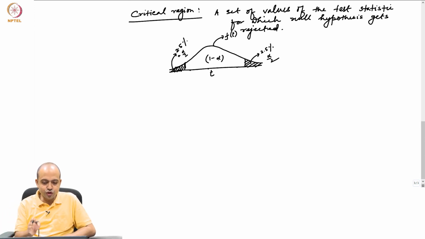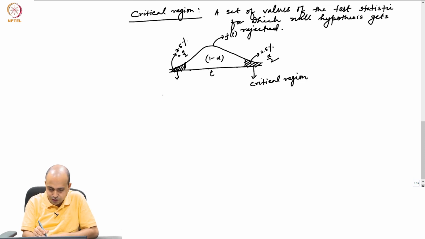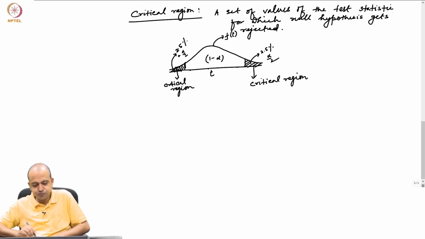So, a set of values of T for which the null hypothesis gets rejected is called critical region, and these two are actually the critical region. Now, why does the critical region lie on both sides of the distribution?